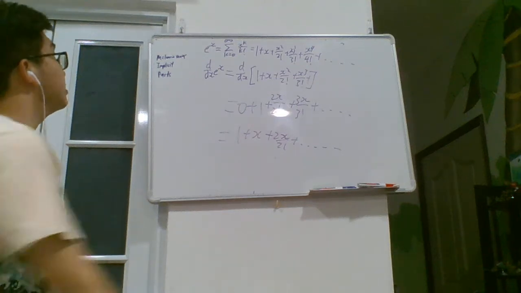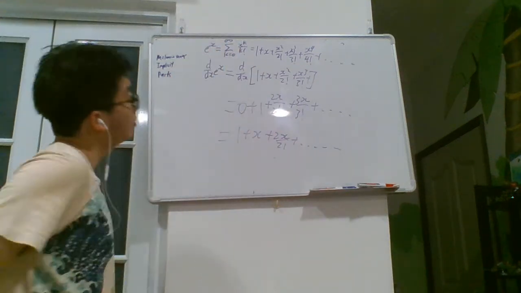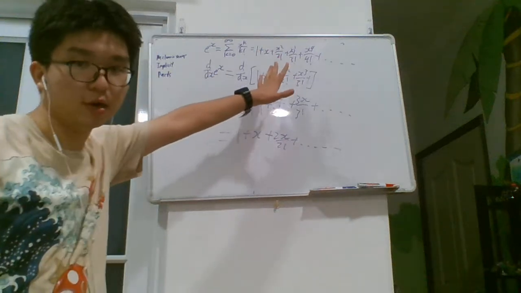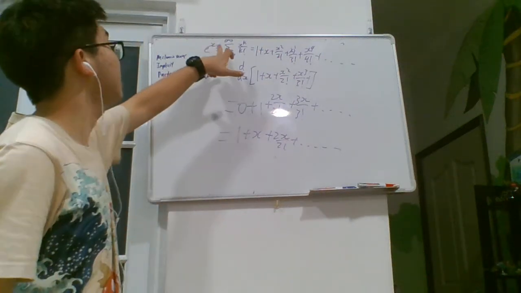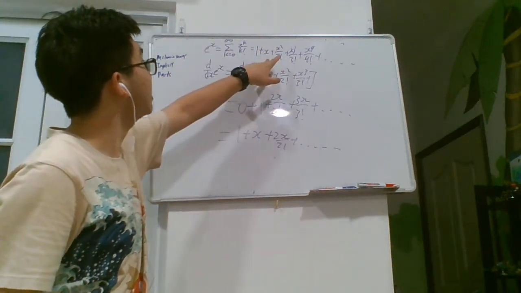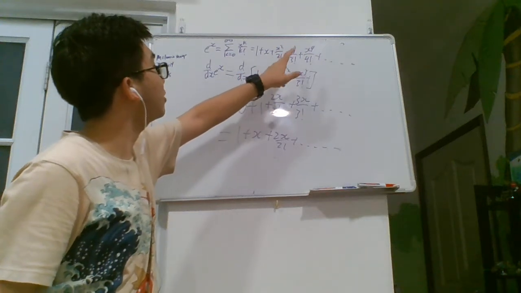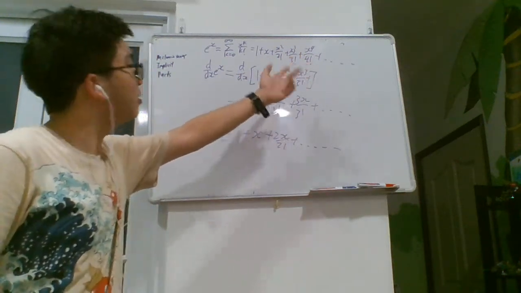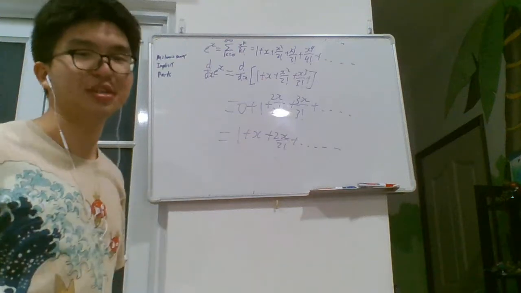And as I said, you can substitute in any x value and this will work out. If I have e power sine x, I can substitute 1 plus sine x plus sine x squared over 2 factorial plus sine cubed x over 3 factorial, etc, etc.